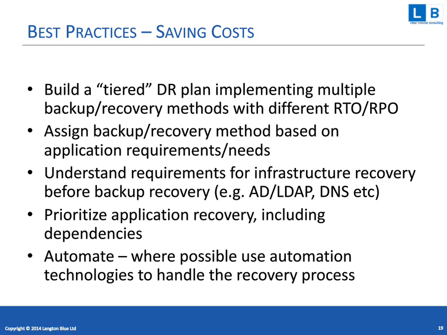We may have to bring things like Active Directory domains back if they're not already duplicated. We may have to bring back things like DNS and so on. Network may need to be switched, and all of those sorts of infrastructure pieces are needed before we can even log in and do the recovery process.